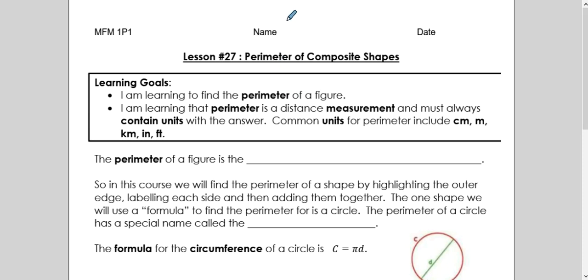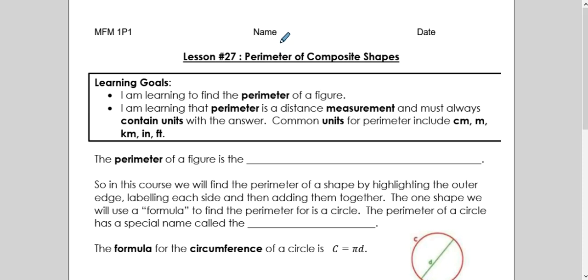So today we're going to take a look at how to find perimeter of composite shapes. And perimeter is something that we've learned probably in elementary school quite a bit, which is great. But we're going to expand it to bigger ideas.